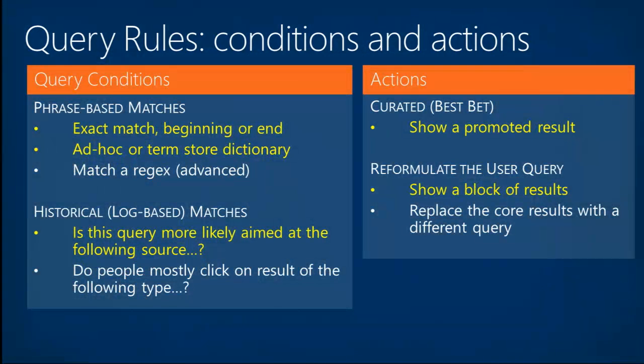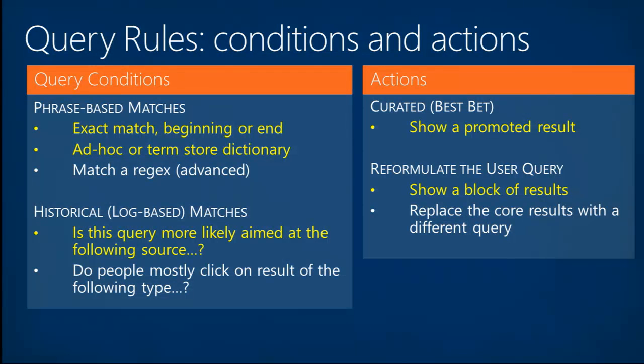What kinds of conditions and actions are there? Well, the conditions are broadly split into two types, phrase-based matches and historical matches. A phrase-based match basically matches a term in a dictionary against your query. And you can either match the whole query or the beginning or end of the query.